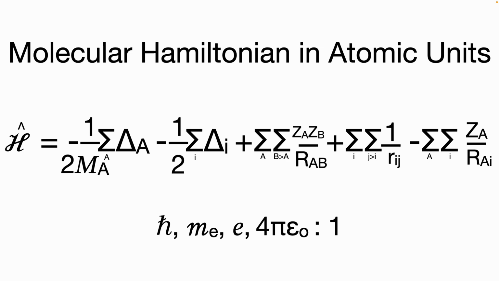So, we set h bar or h over 2 pi, the mass of electron, the electronic charge, and 4 pi epsilon naught, where epsilon naught is the permittivity of free space, to 1, and we get the molecular Hamiltonian in atomic units.